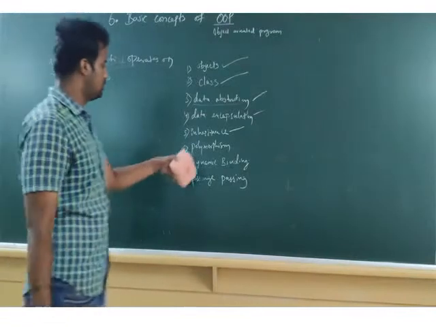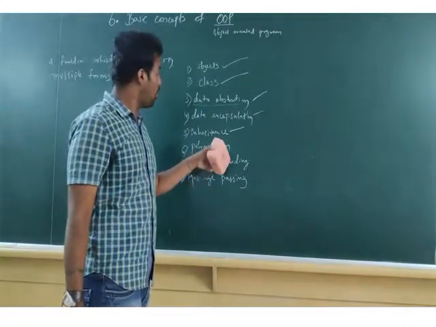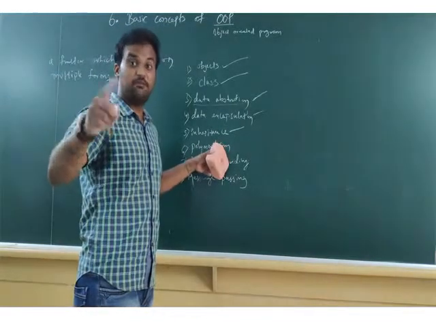Poly means more, many. Poly means many. Morphism means form, many forms.